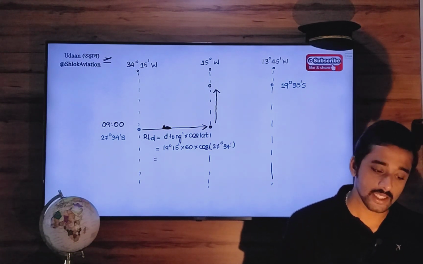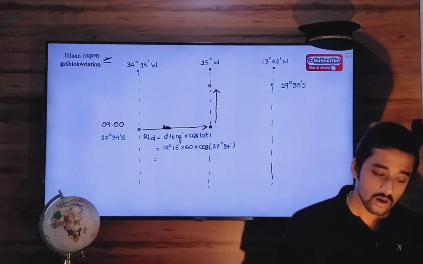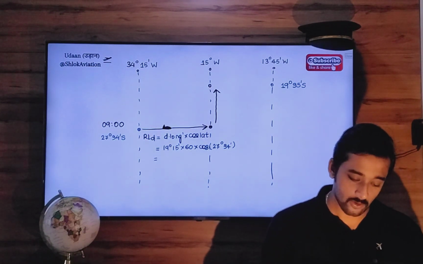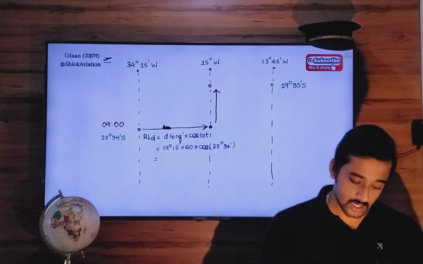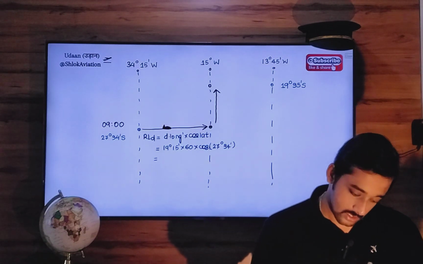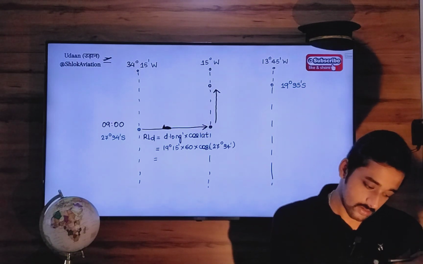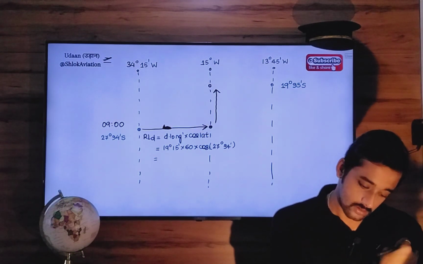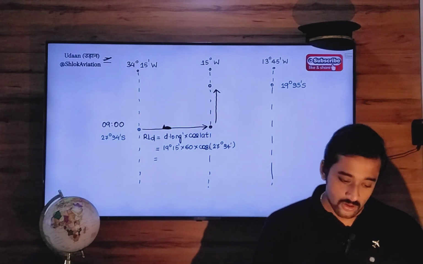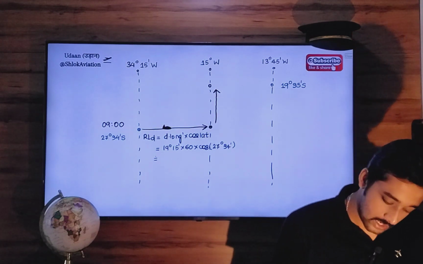So cos 27 degrees 34 minutes times 60 times 19 degrees 15 minutes is 1023 nautical miles.